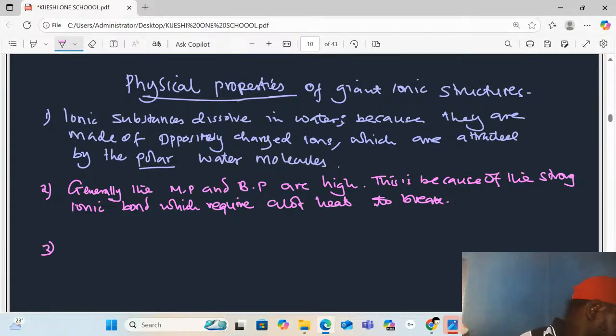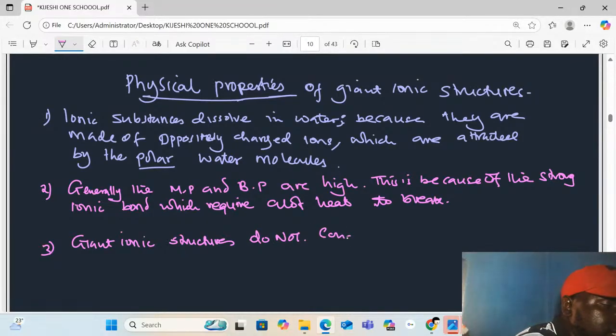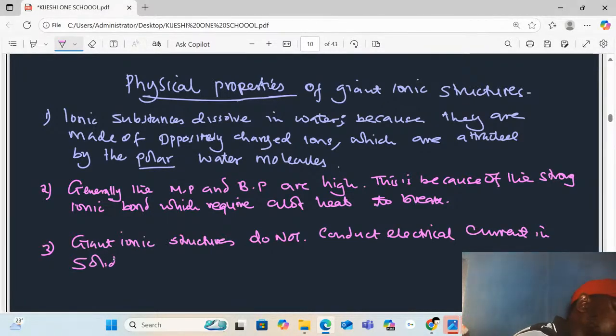So you can say giant ionic structures do not conduct electrical current in solid state.